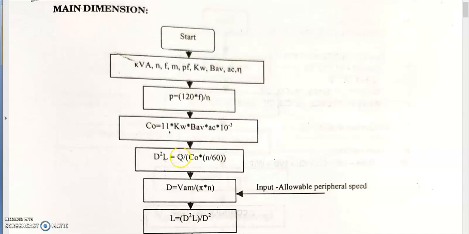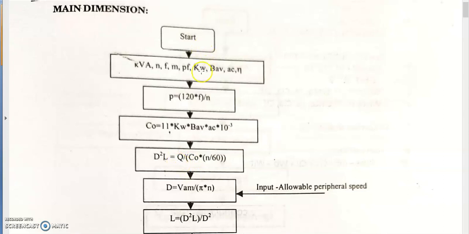From the output equation, we will first separate out the term D square L. To find D square L, the equation is Q by C naught N by 60. In this, we need to substitute all three values. Q: if kVA is directly given, as for a generator, you can use it directly.